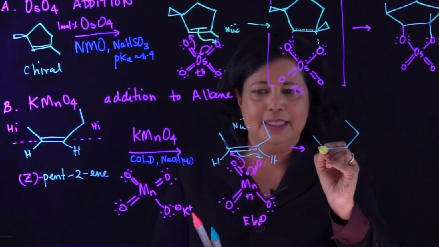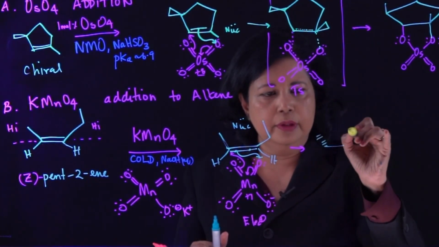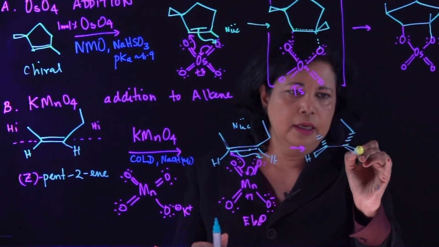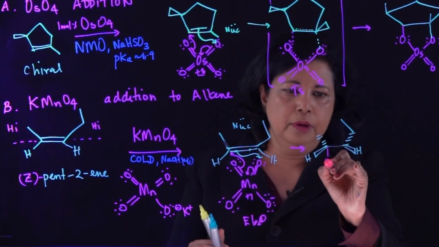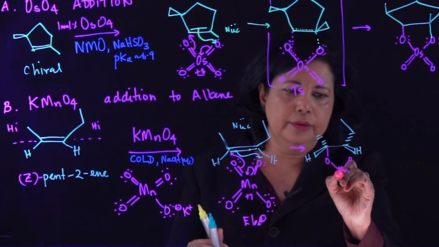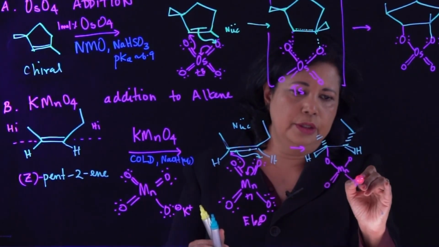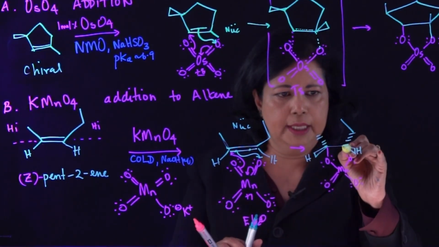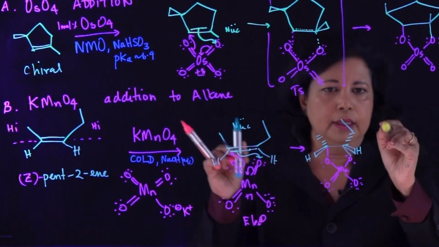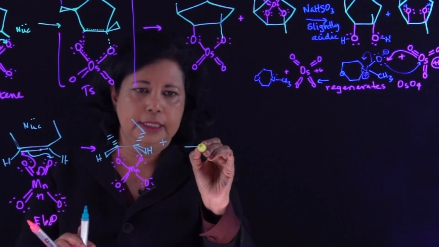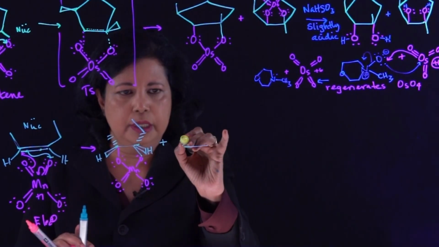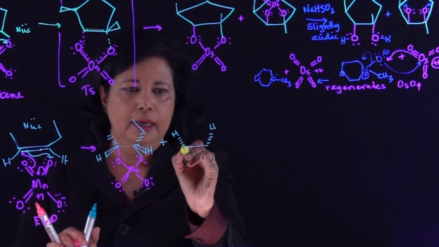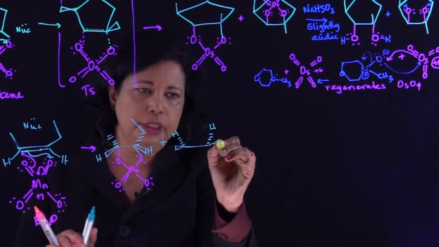All right, let's look at this. And here, you can either have your methyl and your ethyl going in, and your hydrogen out, or you could have your methyl and your ethyl going out and your hydrogen in. And there's your manganate hanging on to those monkey bars, wiggling along. And let's draw the other attack from the other side, where your hydrogen is now on the dash, and your methyl and ethyl are on wedges.